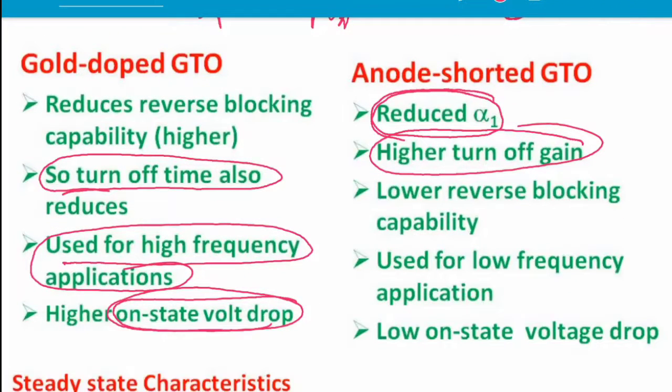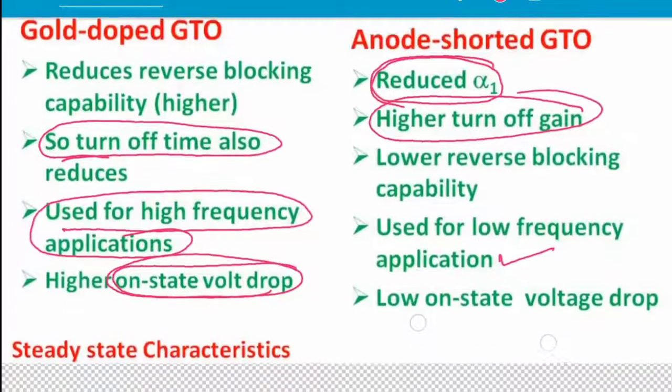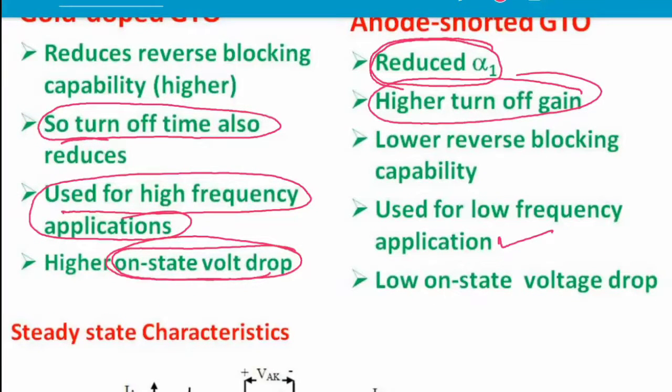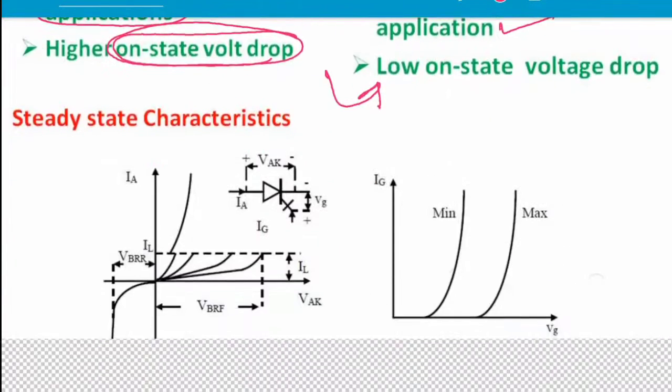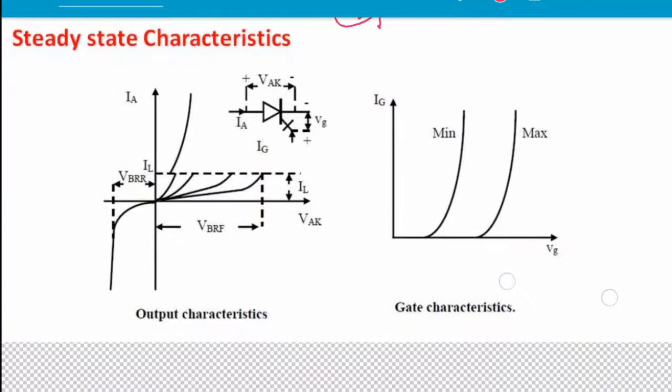It is used for low frequency applications. Low frequency means greater than that of conventional thyristor, but in comparison to gold doped GTO, it is used for lower frequency applications. Then next comes the low on state voltage drop. That means it has lower on state voltage drop than gold doped GTO.